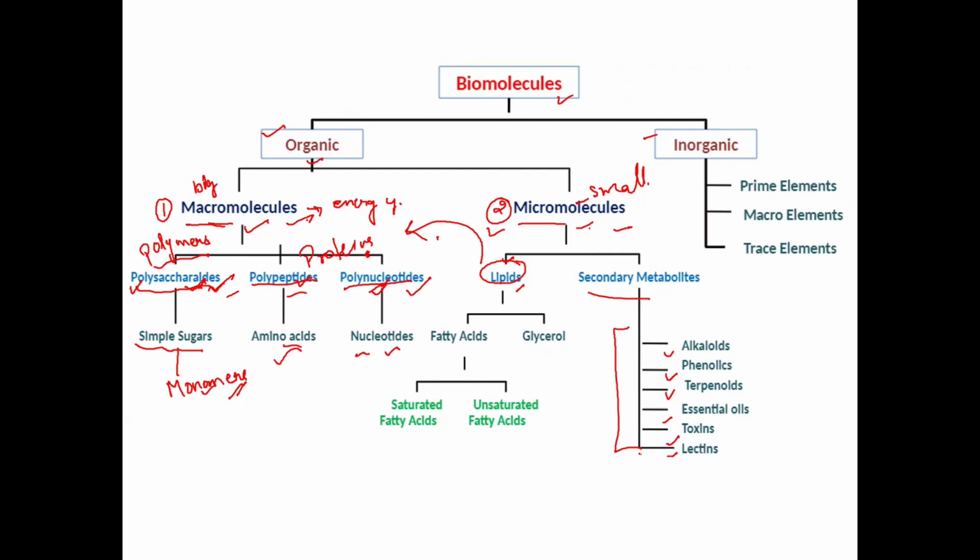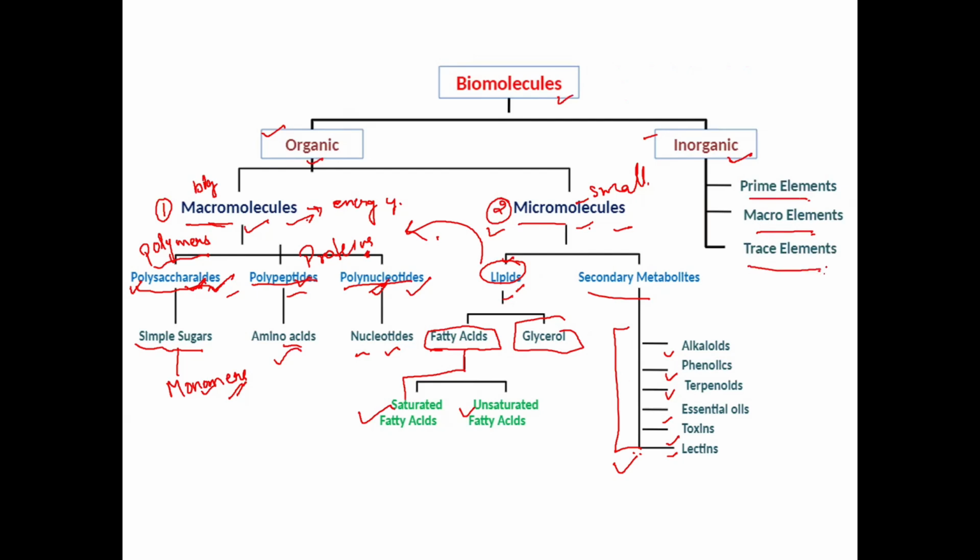These are the secondary metabolites, whereas the lipids are further divided into fatty acids and glycerol. Fatty acids are of two types, saturated and unsaturated. Coming to the inorganic biomolecules: prime elements, macro elements, and trace elements.